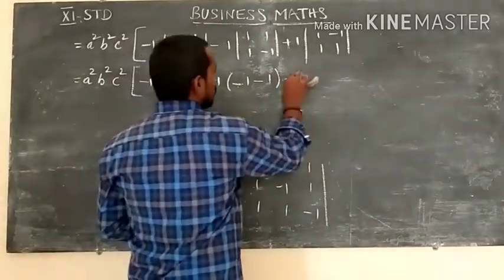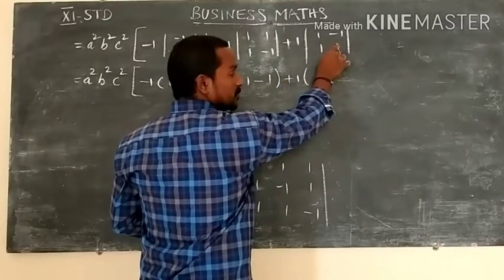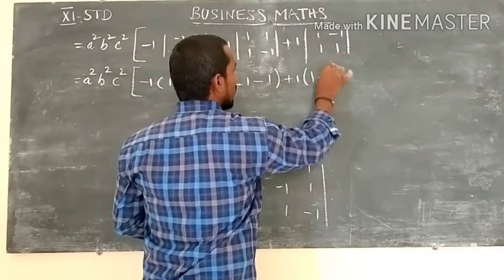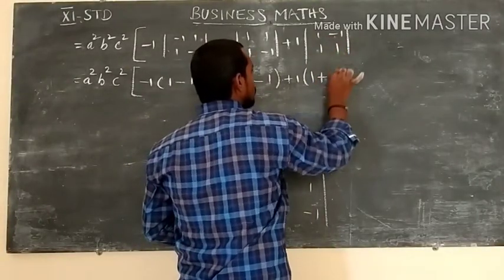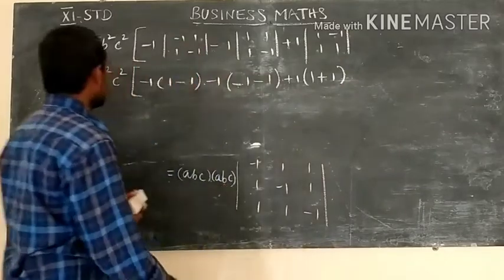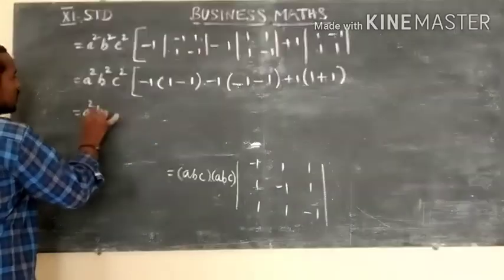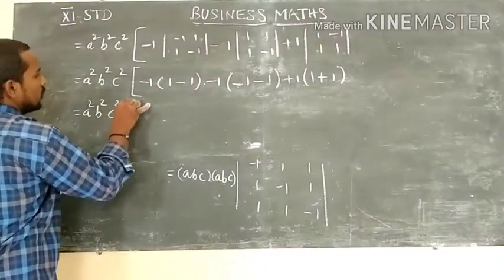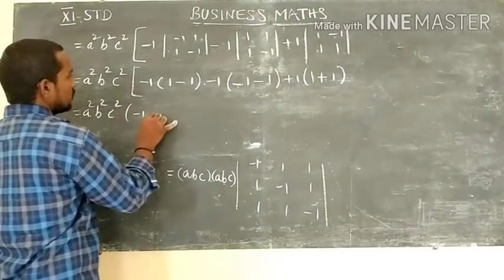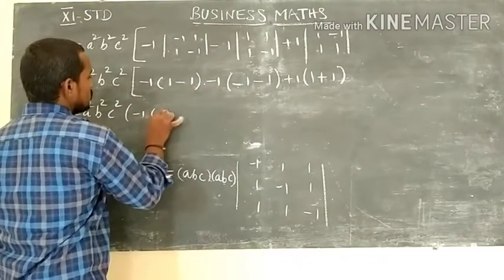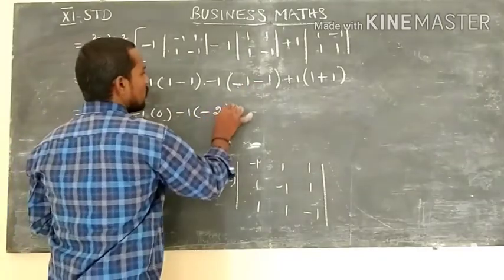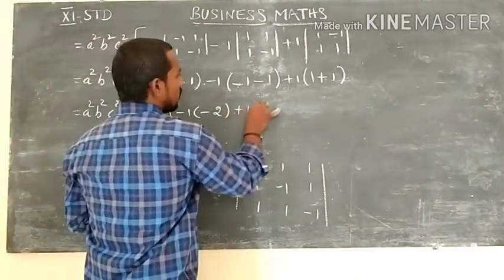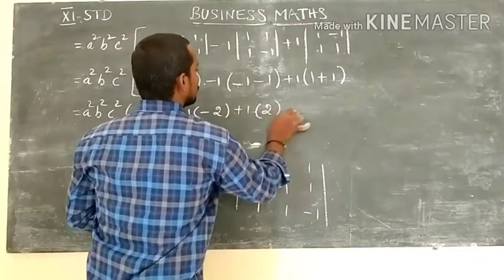Then plus 1 into (plus into plus plus, 1 ones are 1, minus, plus into minus minus, here also minus so plus, 1 ones are 1). This is equal to a square b square c square into minus 1 into (1 minus 1 is 0), minus 1 into minus 1, totally minus 2, plus 1 into 1 plus 1, which is 2.